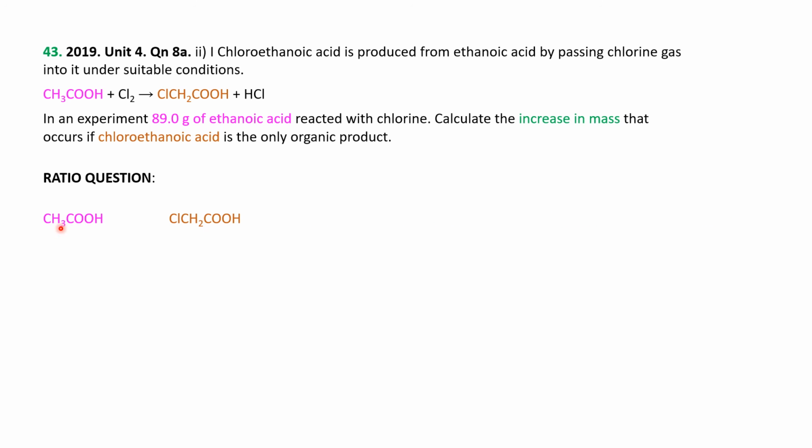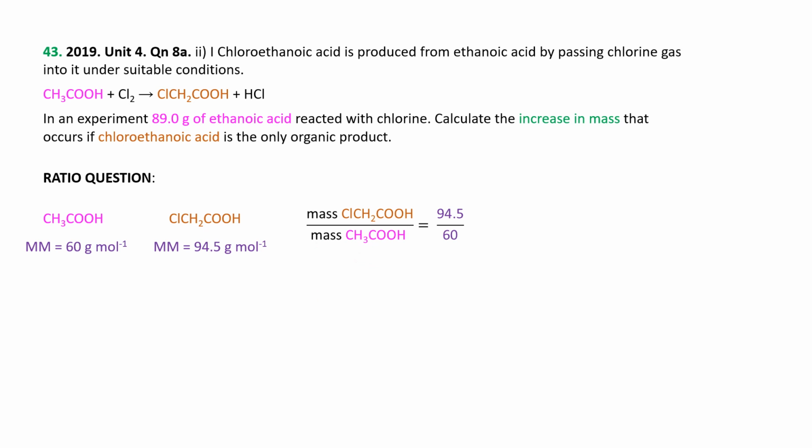So we match up CH3COOH to CCl3COOH, which have molar masses of 60 and 94.5 respectively. So the mass of chloroethanoic acid over the mass of ethanoic acid, matching up the ratios with the molar masses, is 94.5 over 60.